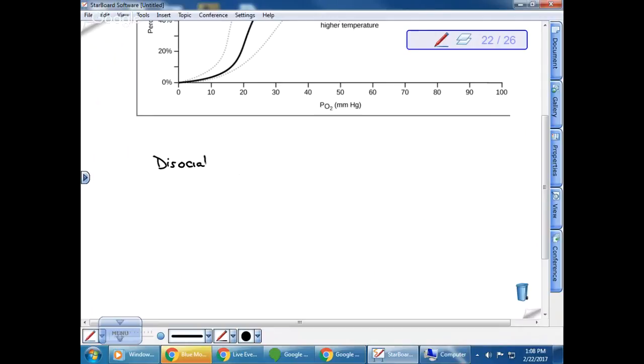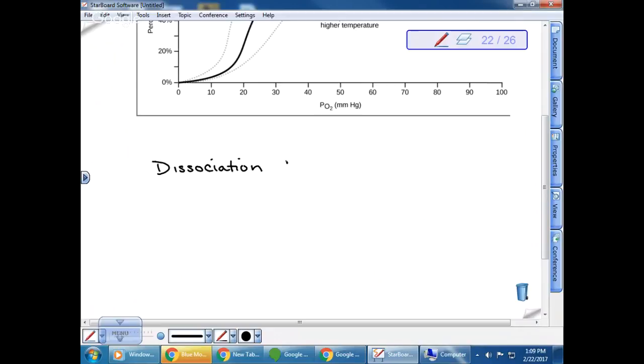Let me just look it up. Dissociation. There's 2 S's and there's an O. Okay, I knew it. This is a weird word.